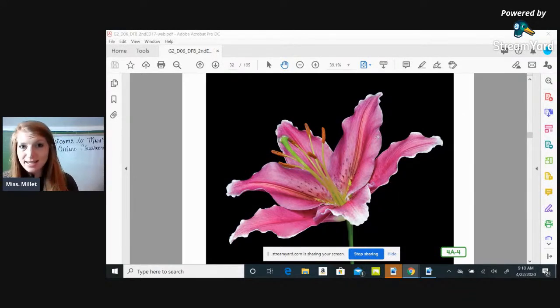Pollinators are insects, birds, and other animals that are attracted to the shape, fragrance, or color of a flower. Without pollinators, most flowering plants would not produce seeds and fruit. Remember, plants need pollen from other plants in order to make the seeds. Pollinators carry the pollen from flower to flower.